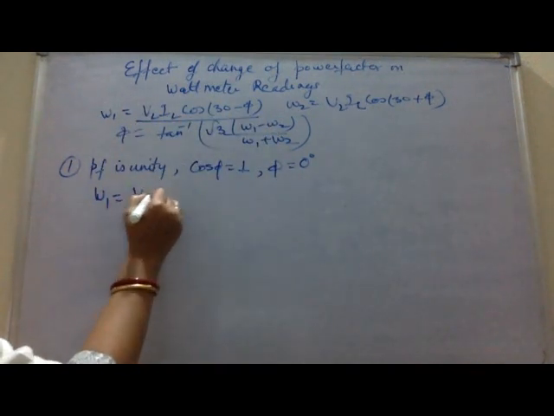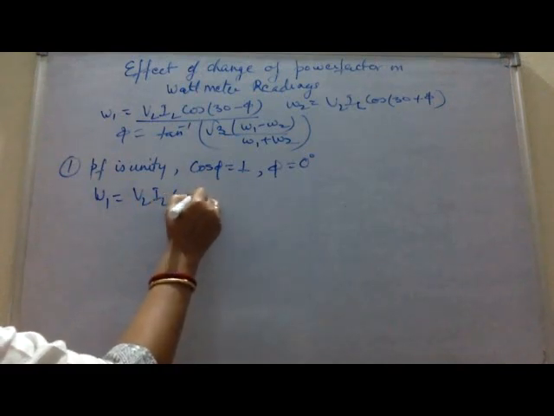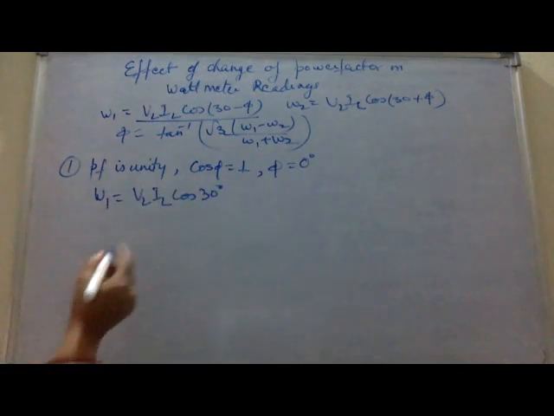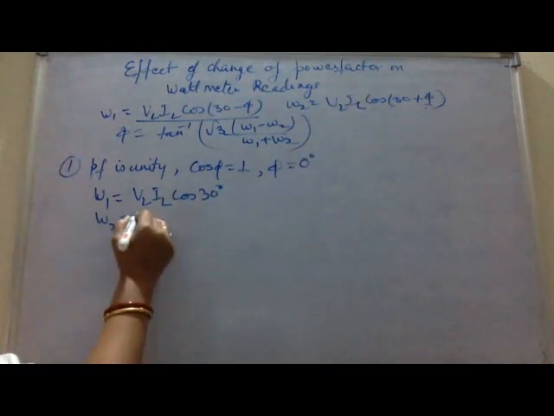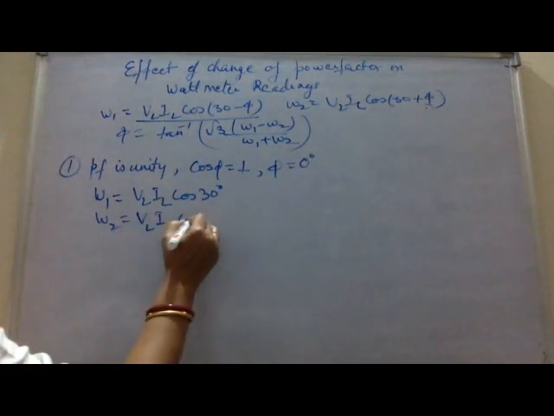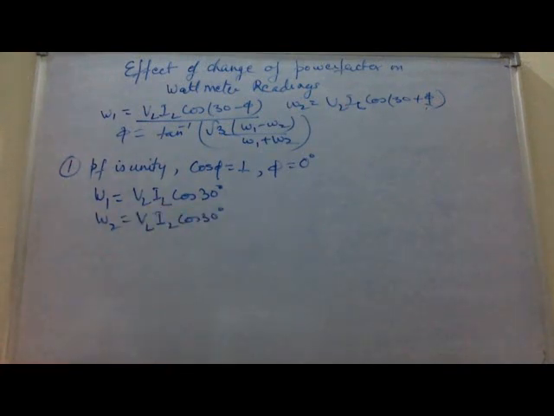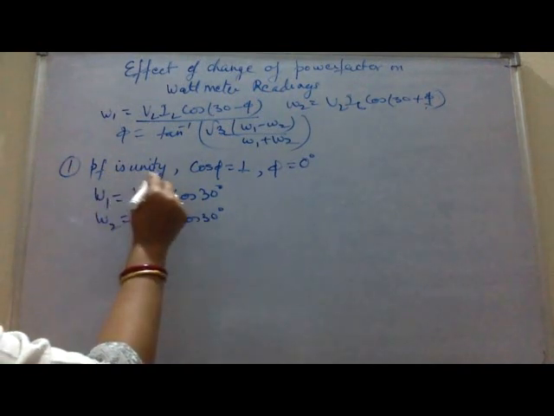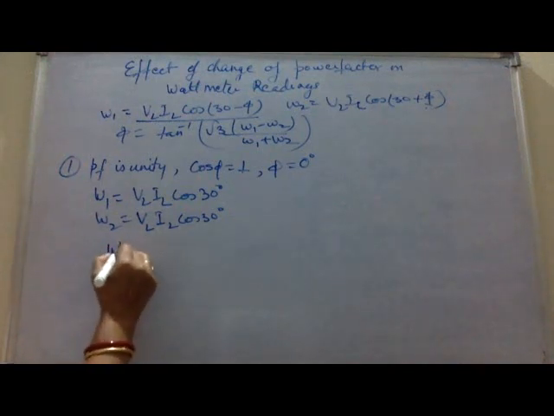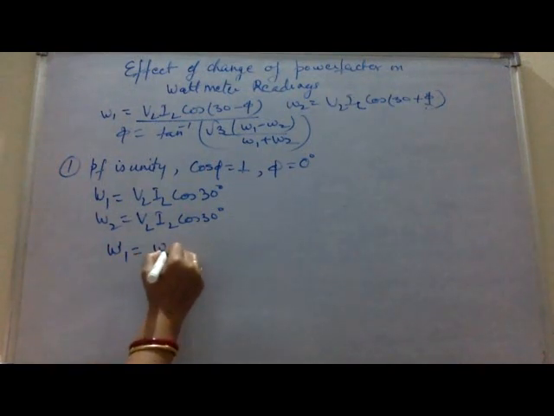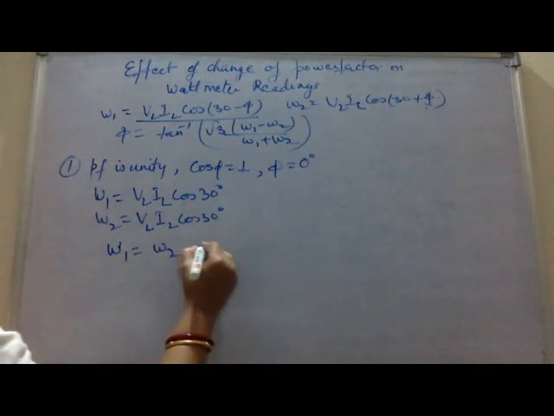W1 will be equal to VL IL cos 30 degree, and W2, substituting phi equal to 0, will be VL IL cos 30 degree. This means that when the power factor is unity, the two wattmeter readings are positive and they are equal.